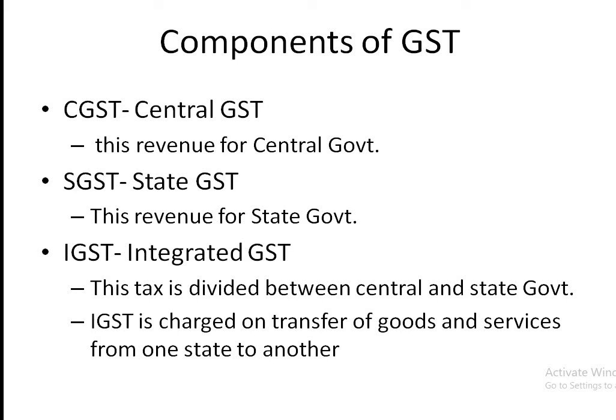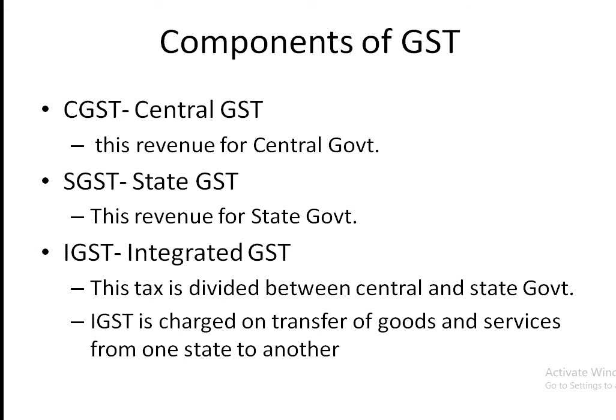CGST, SGST and IGST. What is CGST? Central Goods and Services Tax. In this, tax collection or the revenue is for central government. Then SGST, State Goods and Services Tax. So here revenue for the state government.